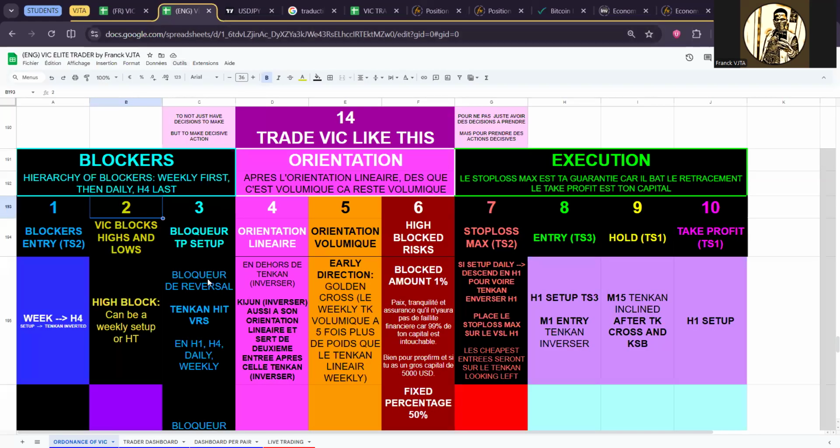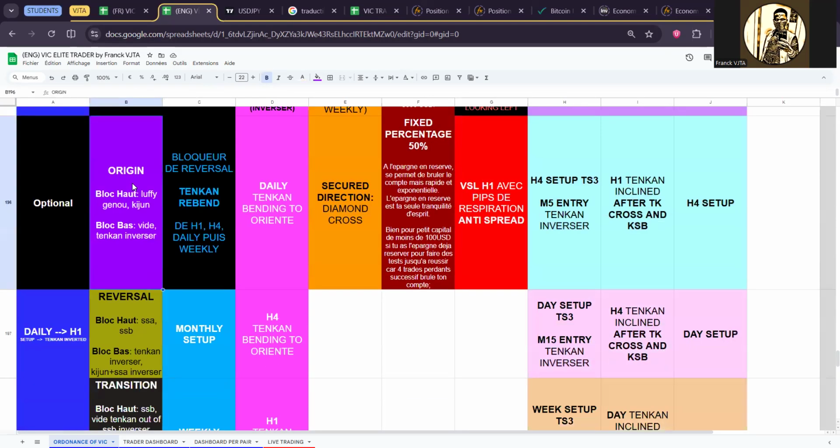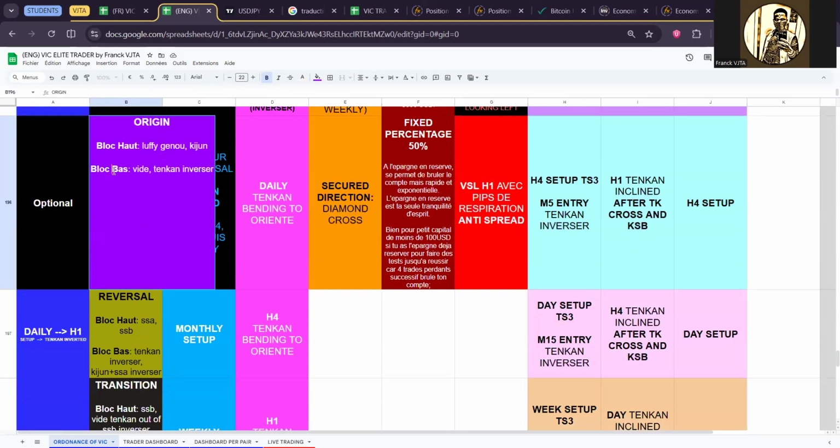First of all, let's just start with the origin. What I will call the bottom block and the top block.